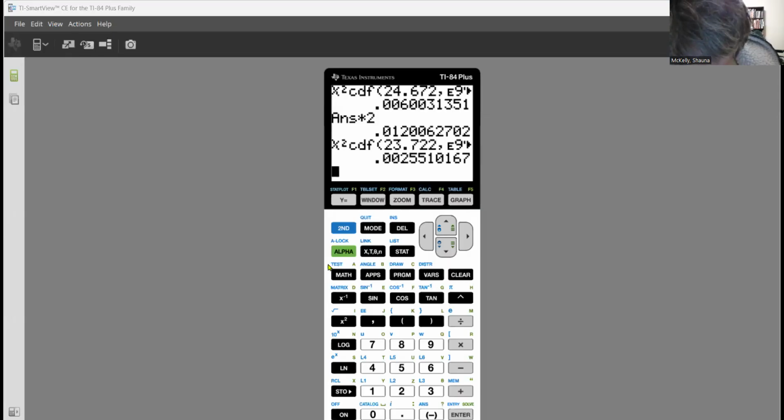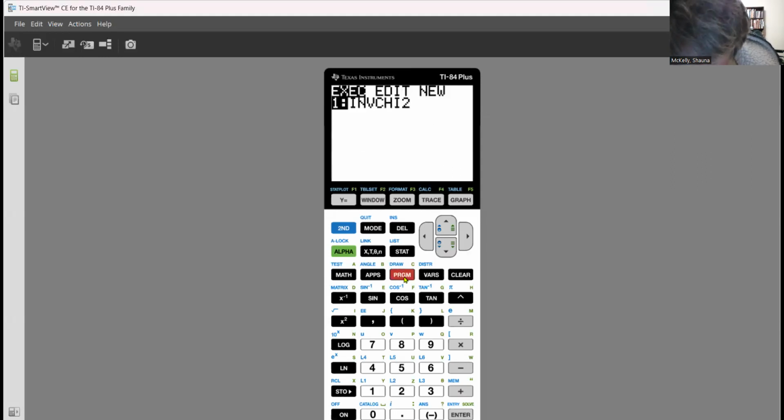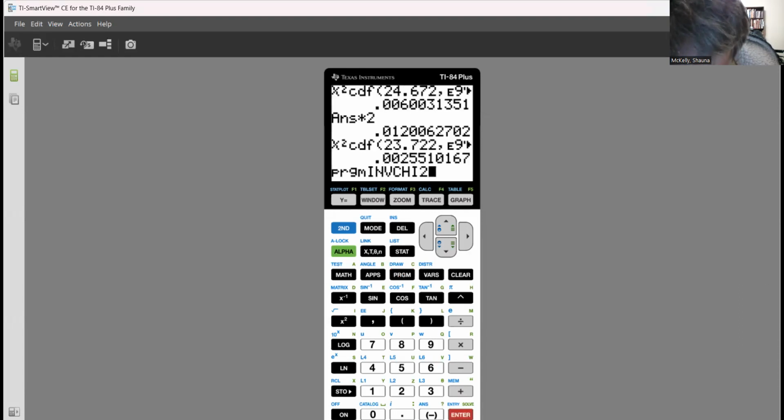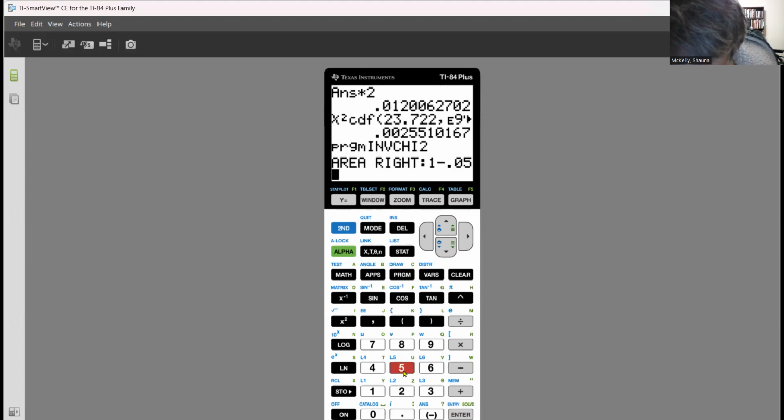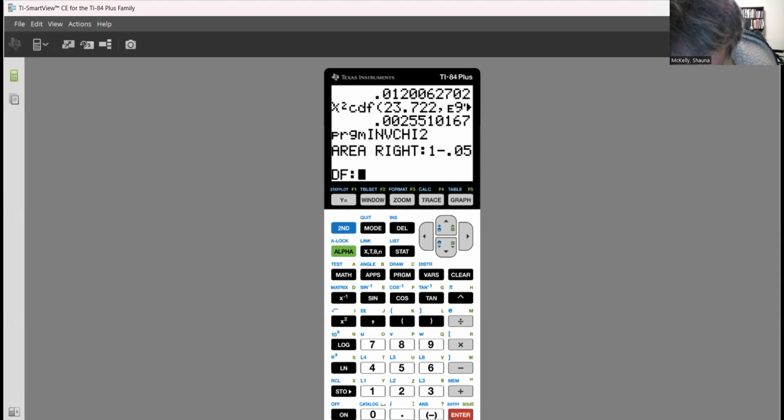Remember your chi-squared is on your program. So we're going to go to program, inverse chi, hit enter, area to the right. Now remember, this is 1 minus alpha, 1 minus 0.05. Remember to use the big minus when you do this. Your DF is 11.